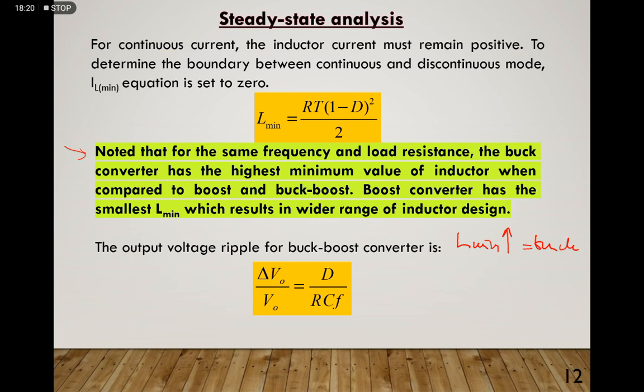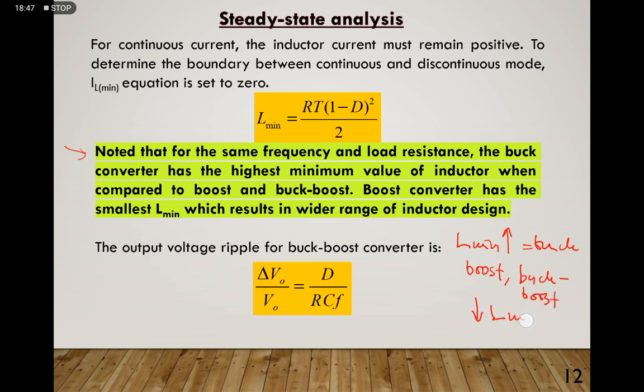With the same switching frequency and the same R, we will see that among these three converters, buck will have the highest value of L min, while boost and buck boost will have a much lower L min.